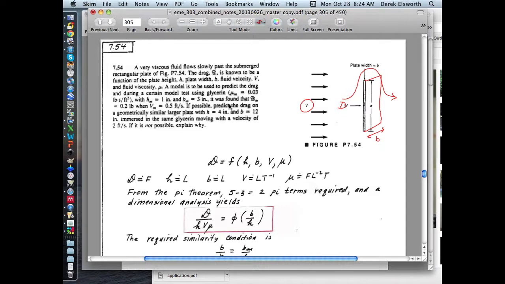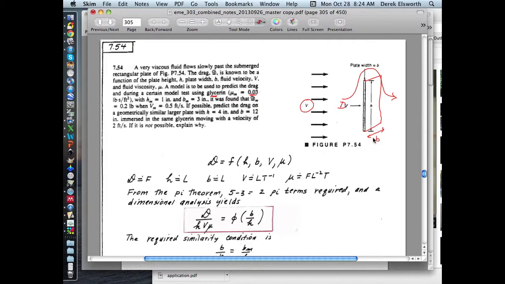We're actually using a very viscous fluid, which is glycerin. So it's in pounds seconds per square foot. So it is more viscous than water, but we have a viscosity. We have a size for the model, 1 inch by 3 inches.